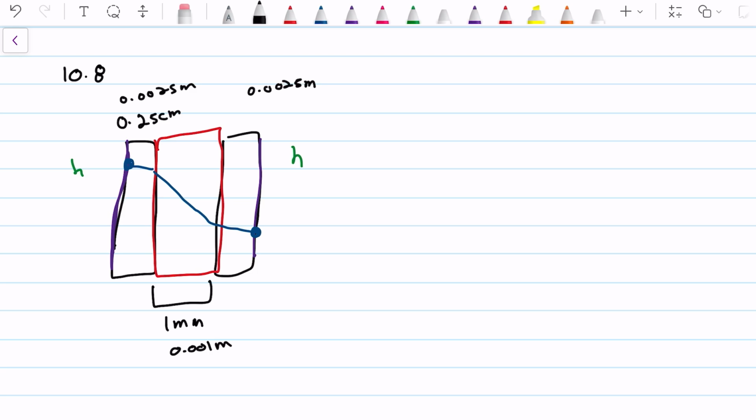So if you remember, we calculate overall heat transfer coefficients as 1 over the overall heat transfer coefficient equals, usually you add all of your convective transfers, which in our case we don't have any, so that's just not there.